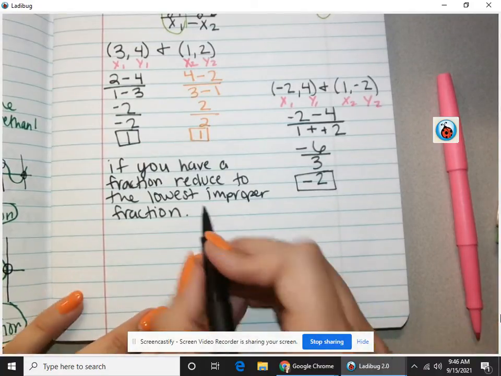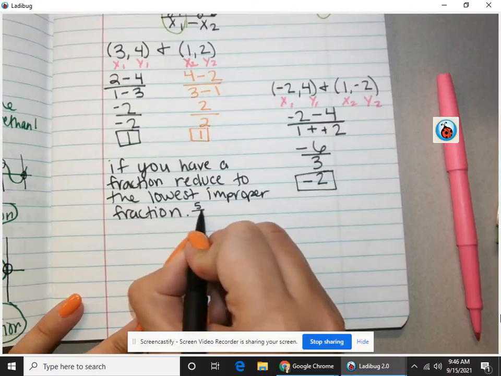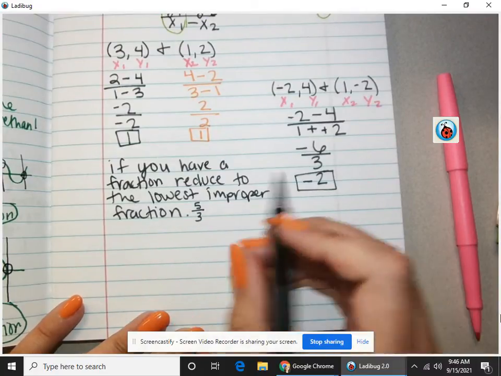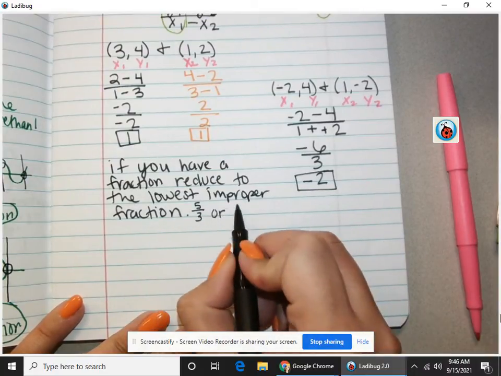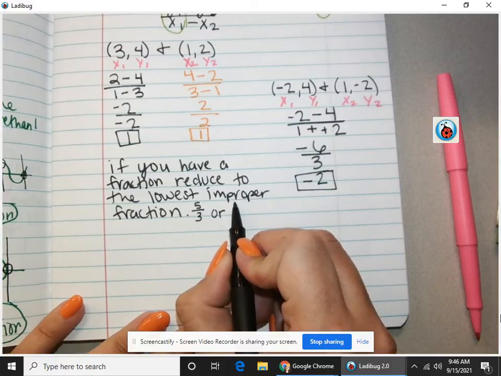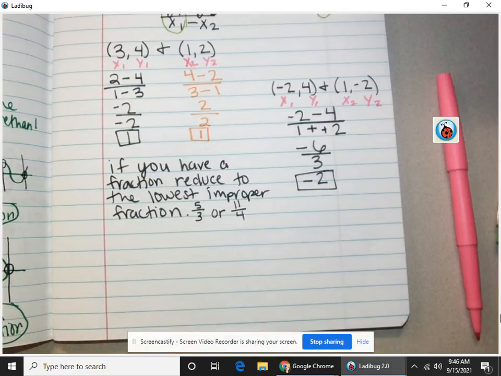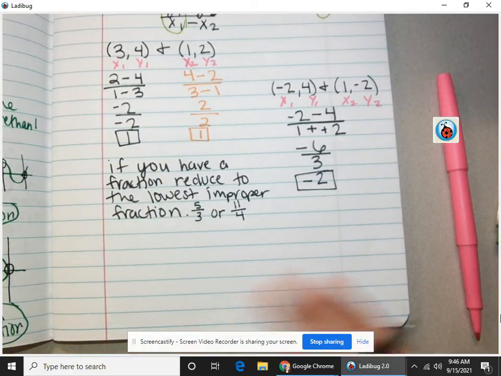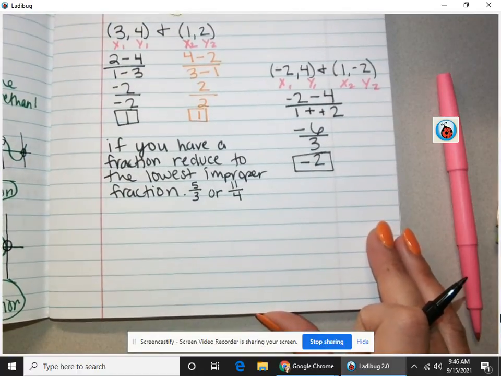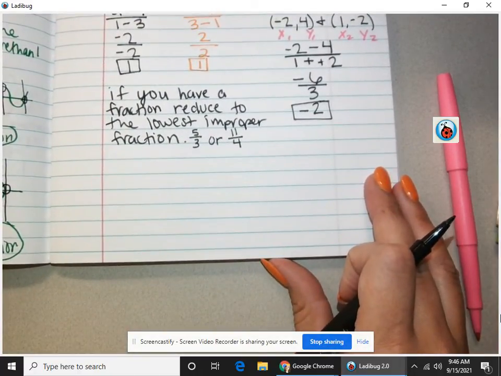So you could have something like 5/3 or 11/4. Whatever it is, leave it in an improper fraction. Any questions over that? No.